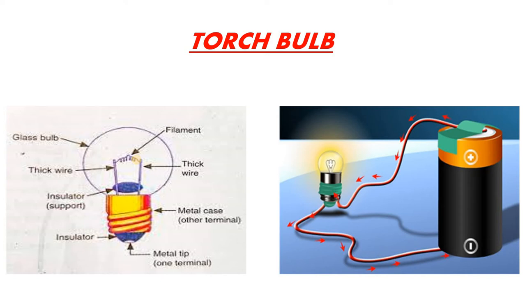Now the thin wire inside the bulb is called filament. This one, the thin wire, is basically the filament. This filament is made up of very thin tungsten wire, and it is the filament of the bulb which glows when electricity from a cell is passed through it.